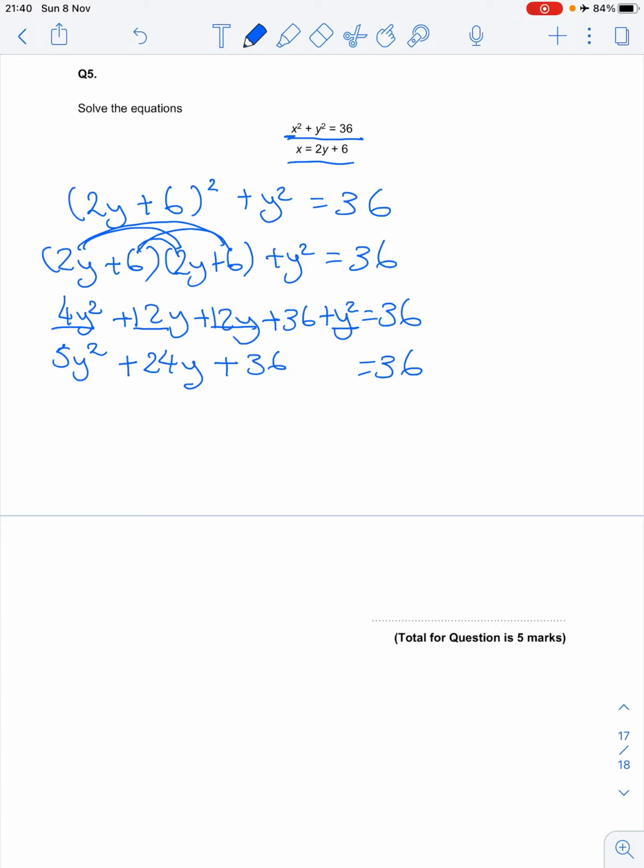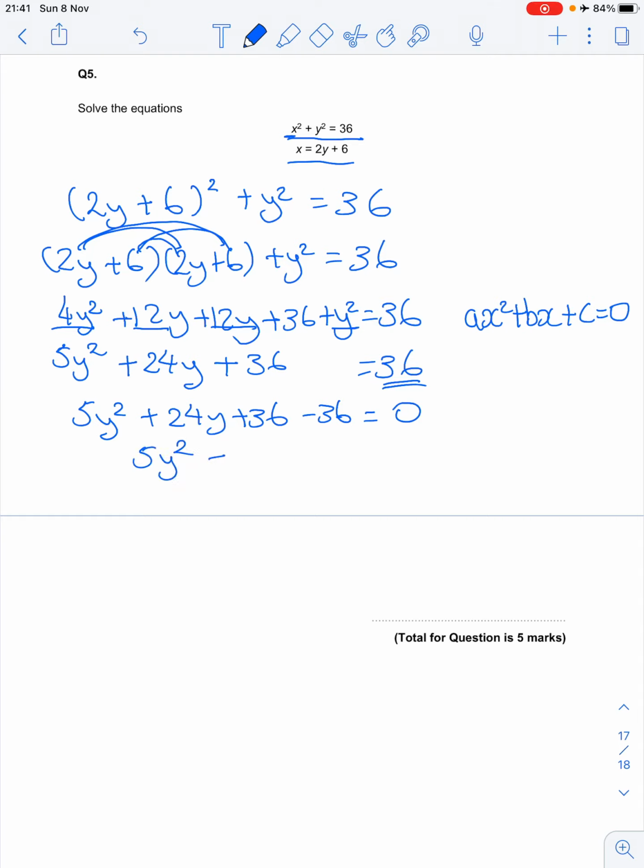Now remember, to solve quadratic equations, I want to make it into this format: ax squared plus bx plus c equals 0. But our equation does not equal 0, so we need to rearrange. So we get 5y squared plus 24y plus 36 minus 36 equals 0.